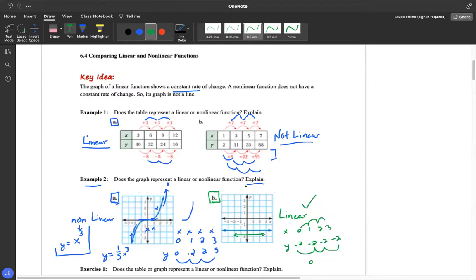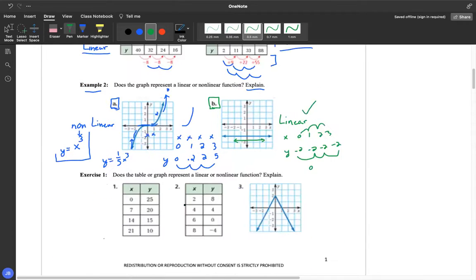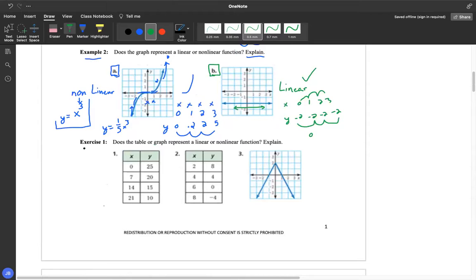Good job. Okay, let's see. So now we have exercise 1. Does the table or graph represent a linear or nonlinear function? And explain. Melissa, would you like to try number 1? Is this linear or nonlinear?